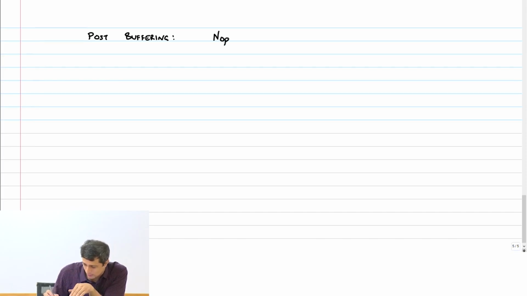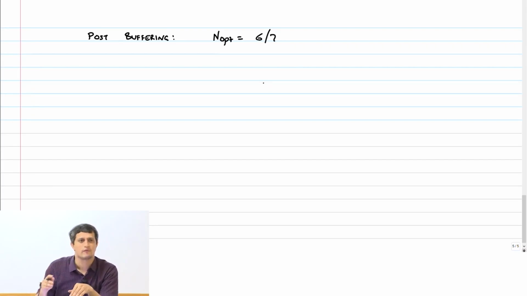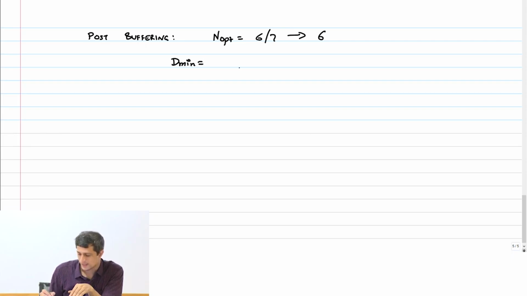N opt equal to 6 or 7. Okay, let's take 6 so that we don't want any inversion. We don't want logical inversion. So let us take 6. I want to make this 6. Therefore, D min is 6 into 10 power 4 power 1 by 6 plus the parasitic effort of the circuit, original circuit.